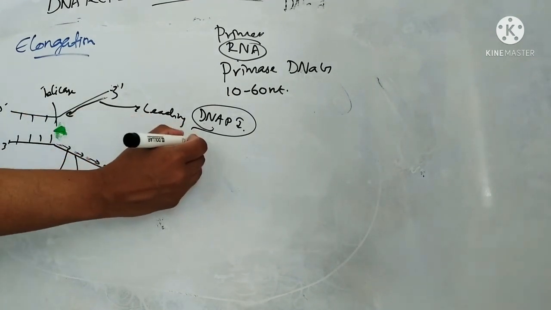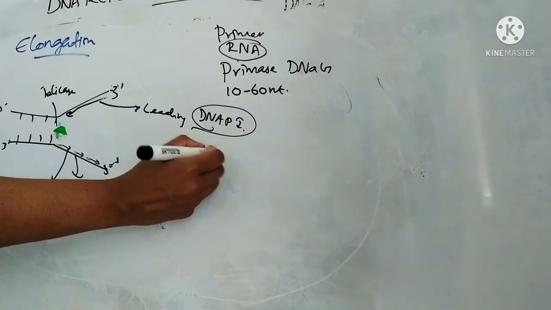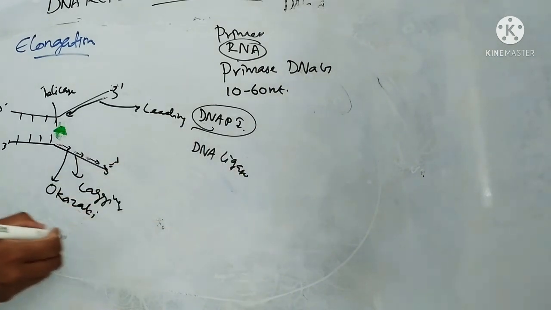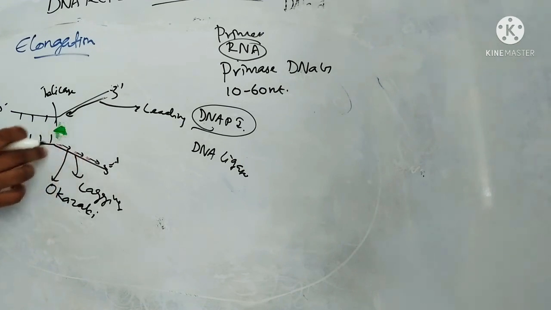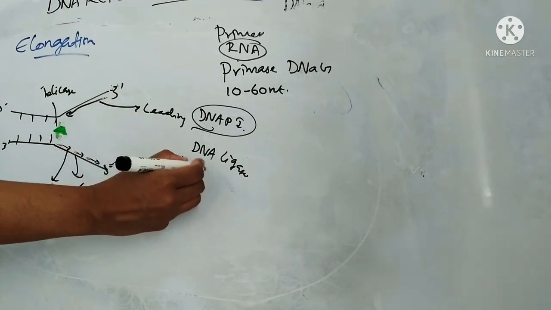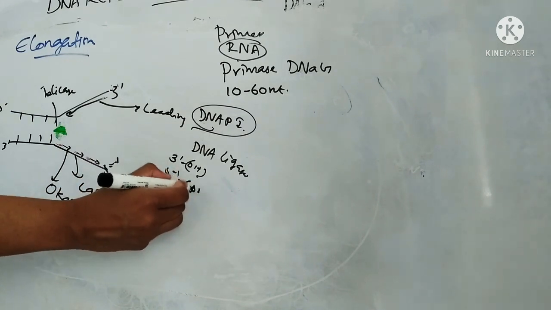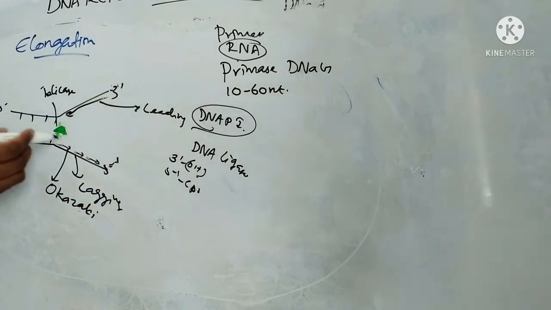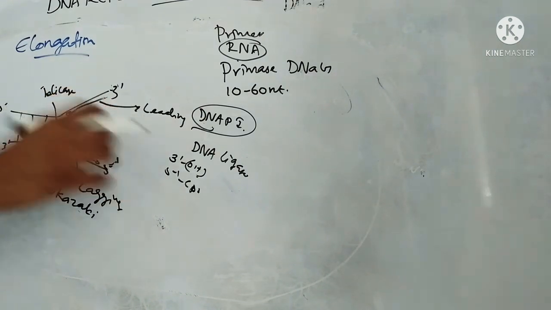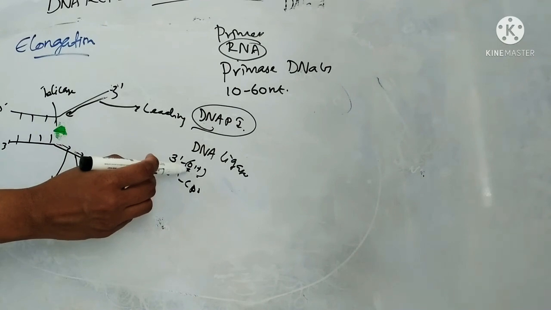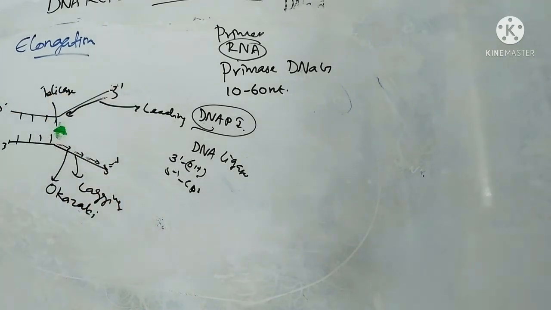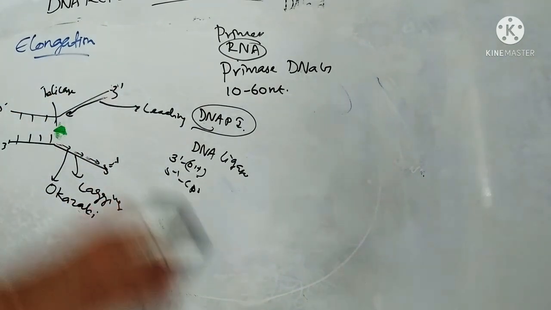This gap or nick is sealed by DNA ligase. And there will be formation of phosphodiester bond between 3' OH group of one strand and 5' phosphate group of another strand. So, that is elongation.